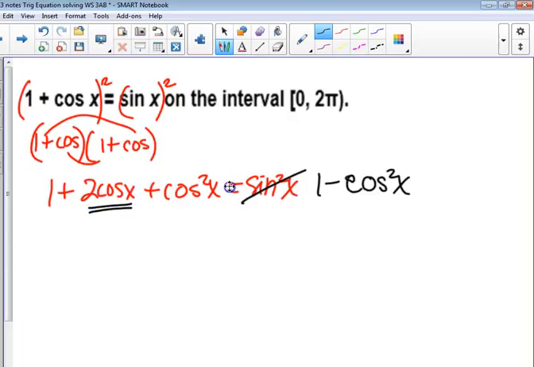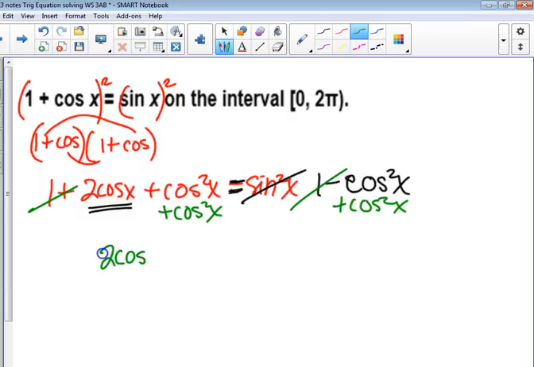Okay. Now there's an equal in here. Oh, look what happens. If I subtract 1 off each side, that's gone, right? If I add this cosine squared over here, what do I have? So I have a 2 cosine plus 2 cosine squareds. So I can take out a 2 and a cosine.